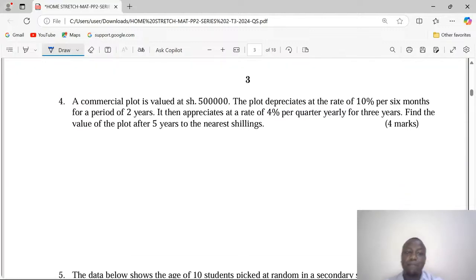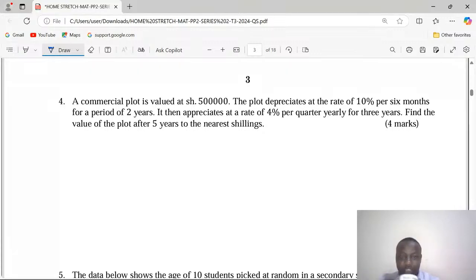Let's look at number 4, a question on commercial arithmetic. This is appreciations and depreciations. A commercial plot is valued at 500,000. The plot depreciates at the rate of 10% per 6 months for a period of 2 years.